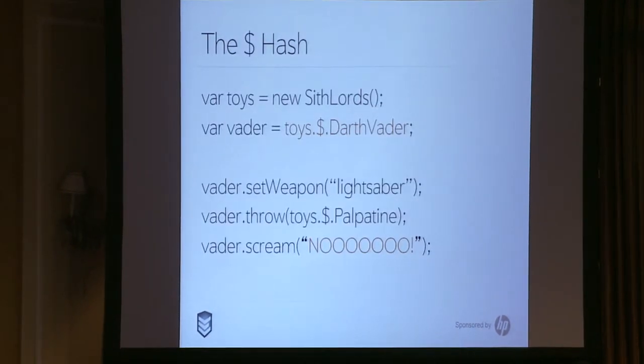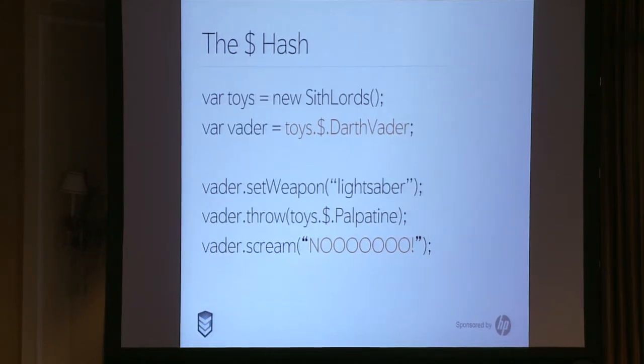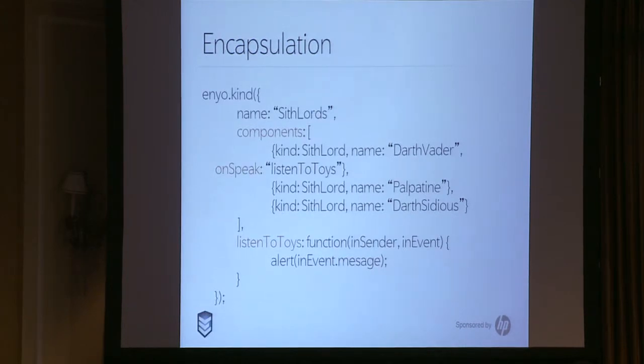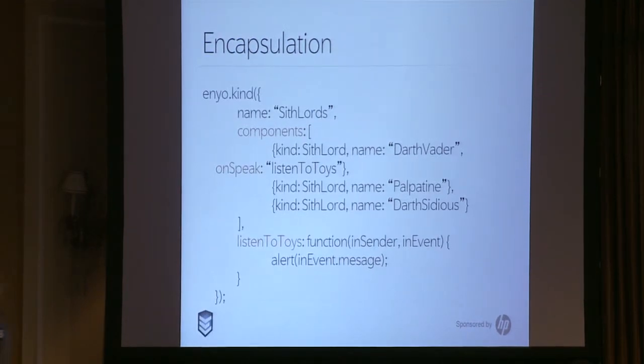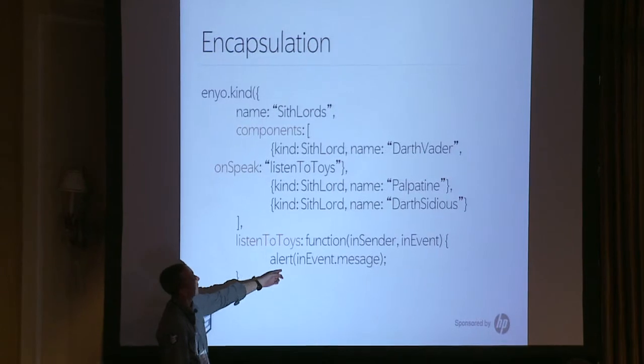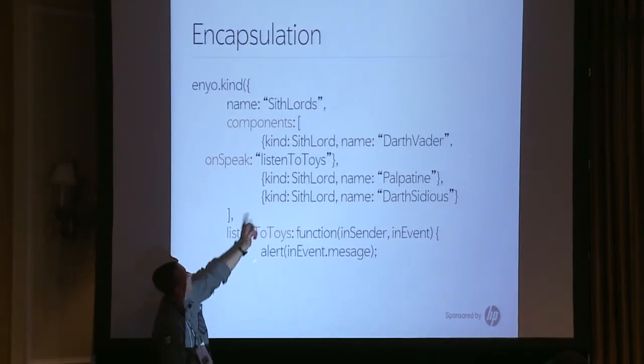Here's an example of scripting a little thing with the Sith Lords. What's important here is this thing called the $ hash. To access components inside of a component, it's in this thing called the $ hash. It's a shortcut to the components block. In your internal kind code, you can access things like this.$.SithLord1, SithLord2, whatever.